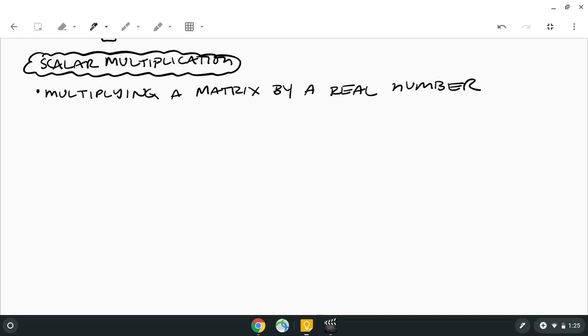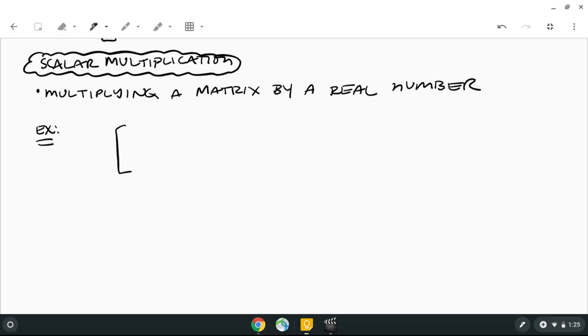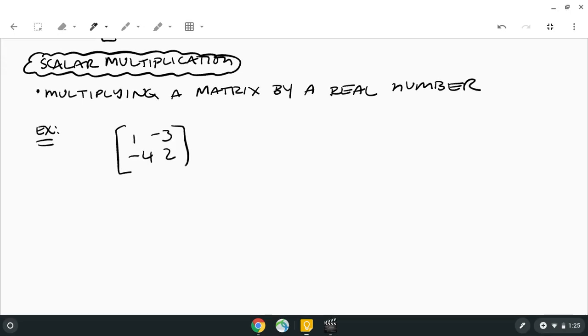For example, suppose that I have this matrix, 1, negative 3, negative 4, 2. And suppose I'm going to take this matrix and multiply it by 2.